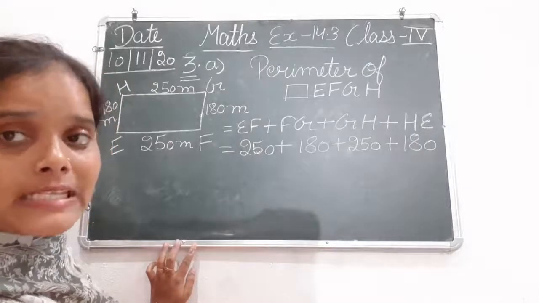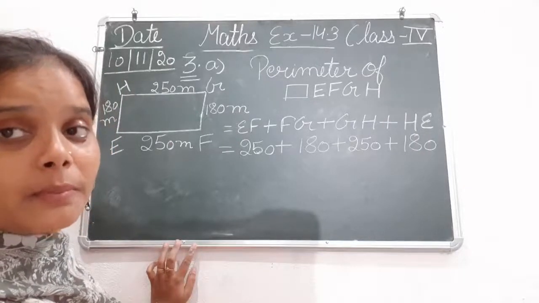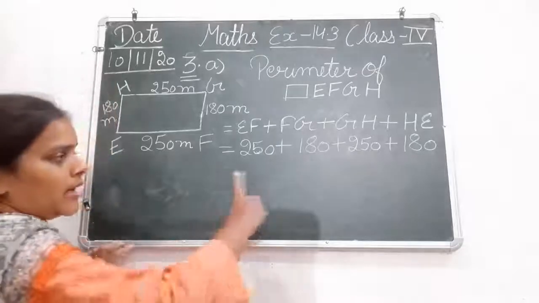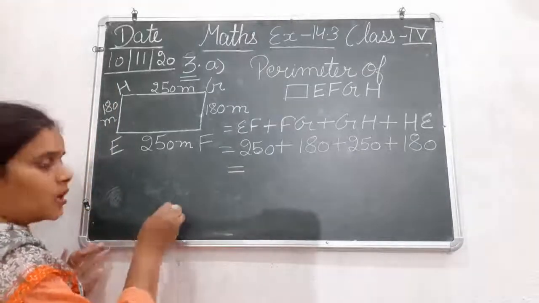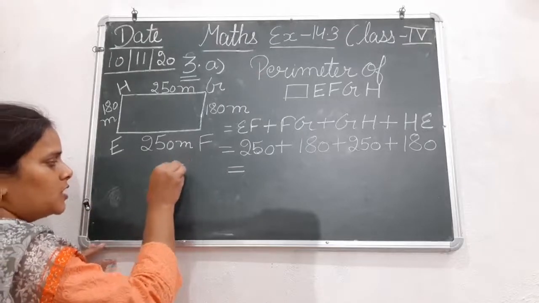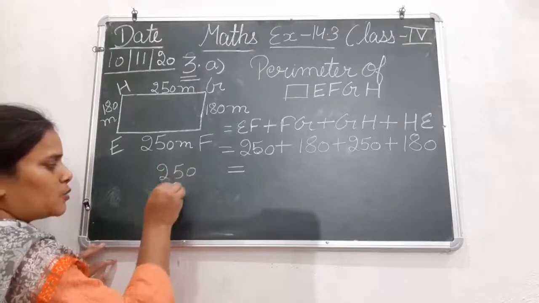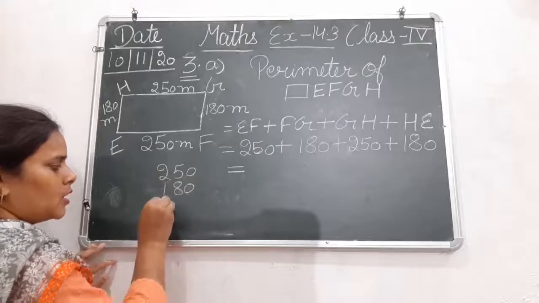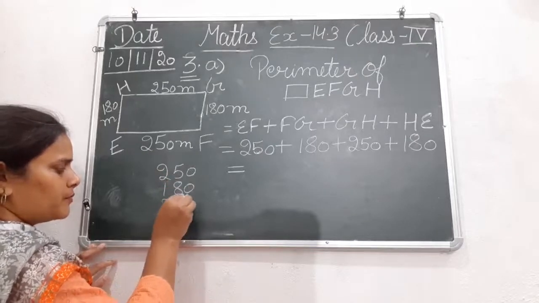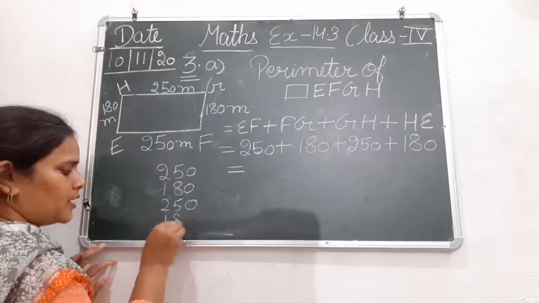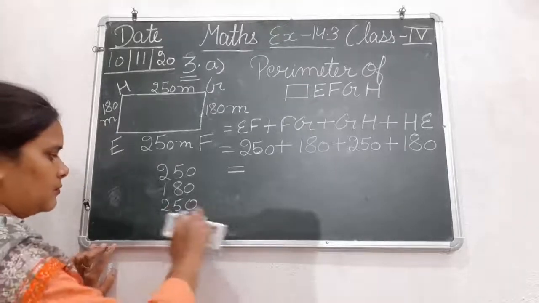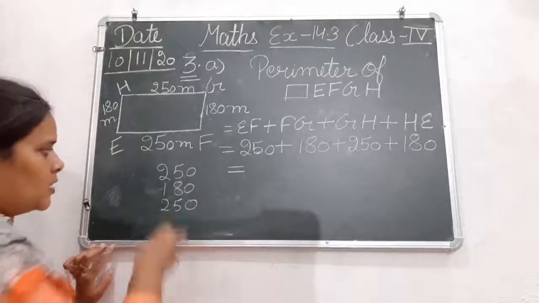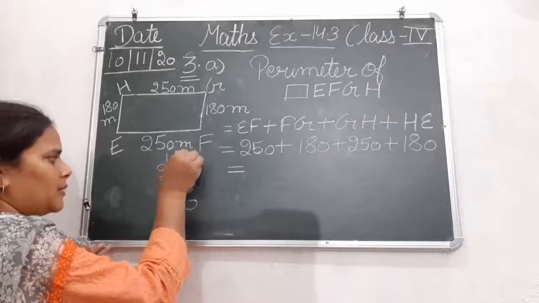So now the next step is that we have to add their measurements. So now you can add their measurements in the rough. Okay, so that's what I am doing here. That is 250 plus 180 plus 250 plus 180. चलिए 180 को मुंह पर लिख देंगे, तो एक ही बात है.